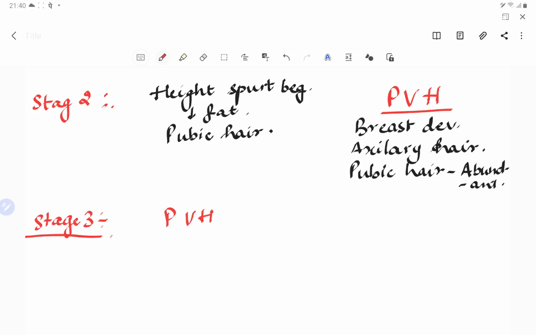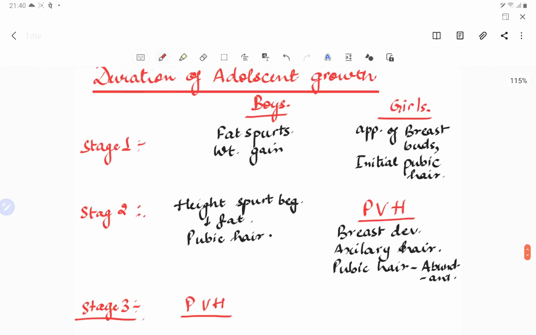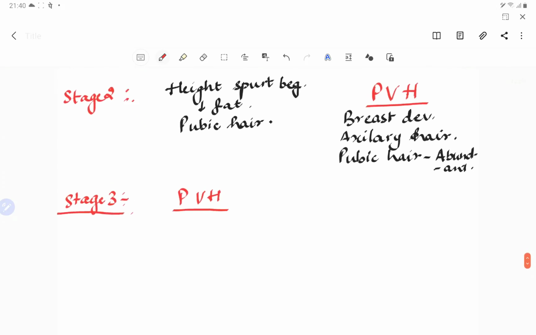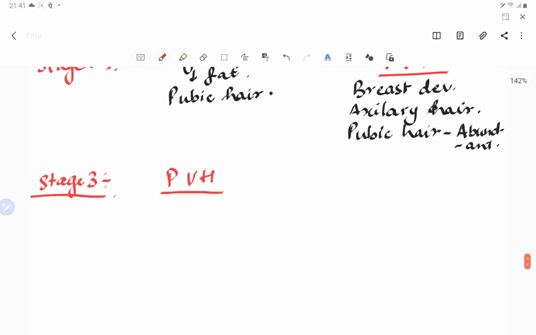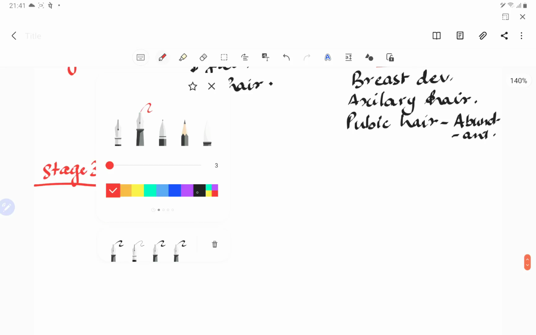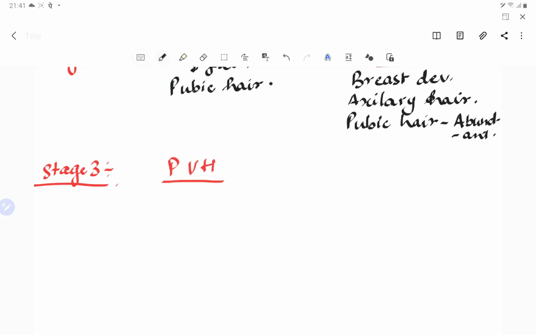Stage 3 is the peak velocity of height for the boys, and stage 2 is the peak velocity of height for the girls, as we can see. And in the girls, stage 3 is where the growth spurts end.